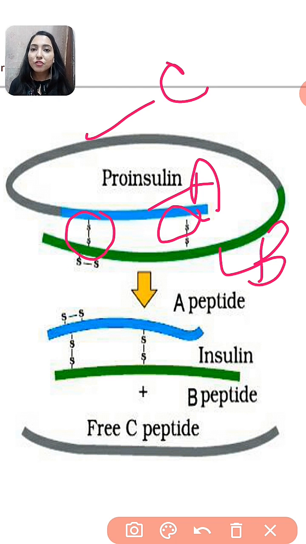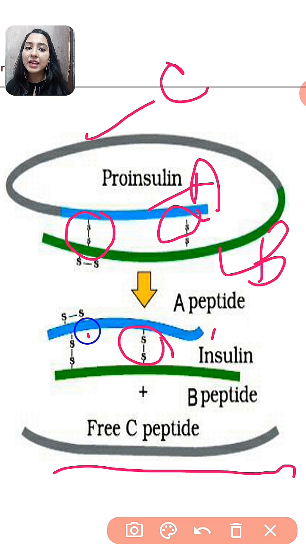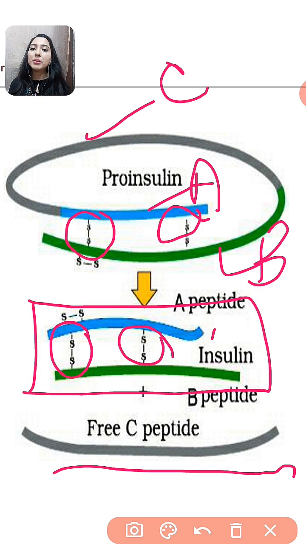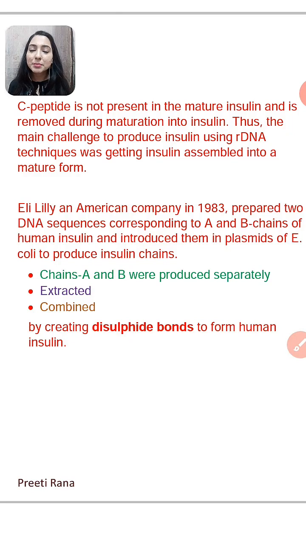So for the production of mature insulin, the C-peptide needs to be cut down from chain A and chain B. Upon cutting down the C-peptide, chains A and B are joined by disulfide bridges, and this forms mature insulin, which helps in the regulation of the amount of glucose inside the body. C-peptide is not present in mature insulin, and it needs to be removed during the process of maturation of insulin.